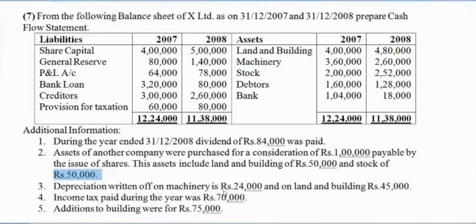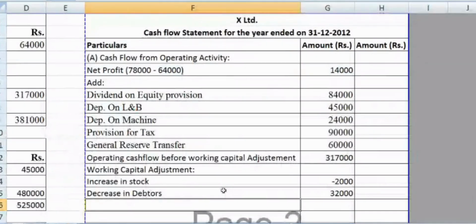Now bank is not considered here, and this side creditors. So decrease in creditors.